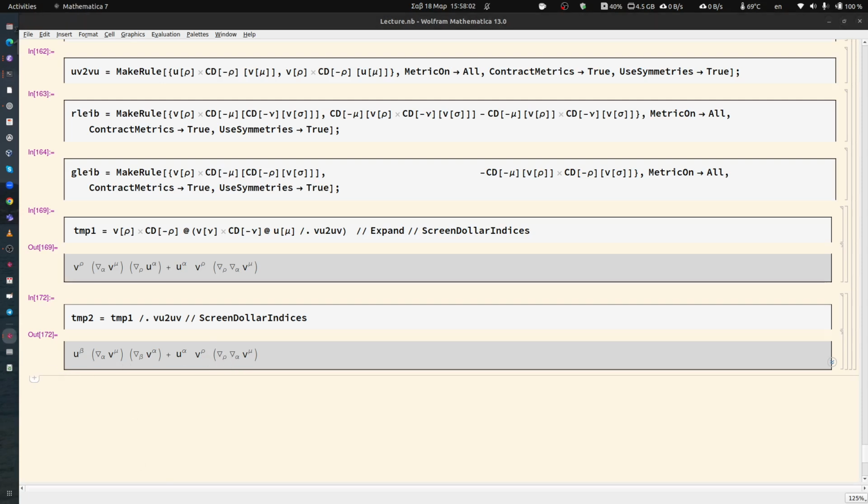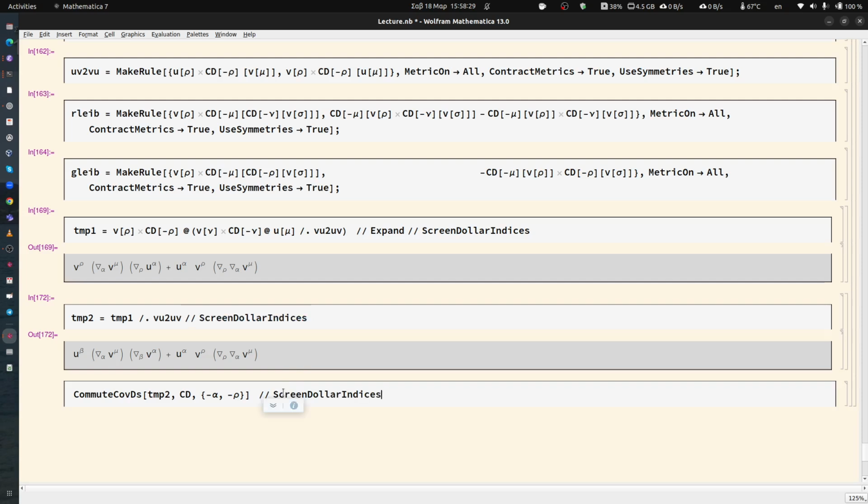So I will use this expression here and commute those derivatives by applying the function CommuteCovDs that I showed you earlier. So I want this rho alpha to be commuted to alpha rho.